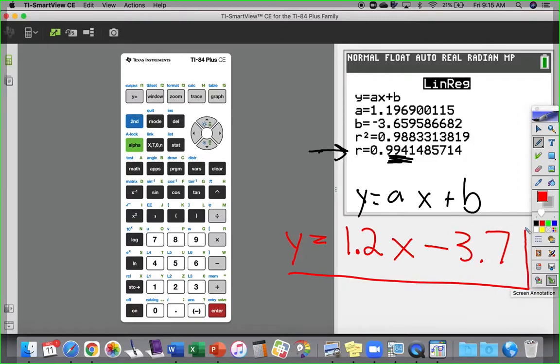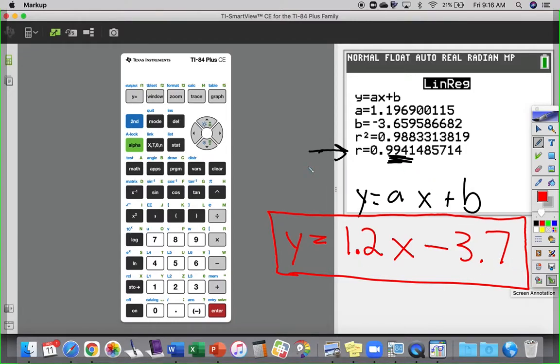And there is the line of best fit for the data that we did last time by hand. So we get the r by calculator, we get the line of best fit by calculator, so a lot of work saved here. I'm going to write this down: y equals 1.2x minus 3.7.